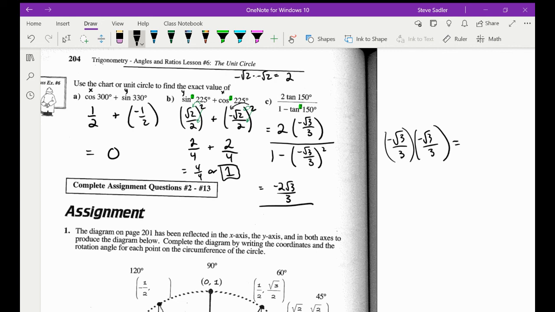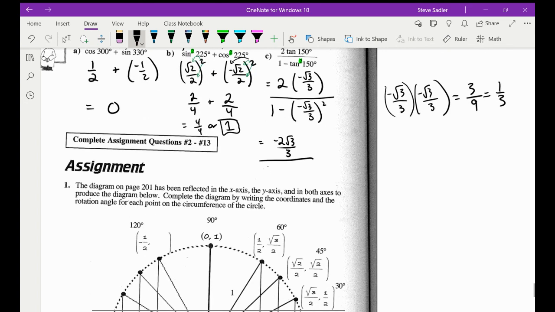Negative root 3 times negative root 3 is just positive 3, and 3 multiplied by 3 is 9, and that reduces to 1/3. So now we have 1 minus 1/3, and we know we can rewrite 1 as 3 over 3. So now we have negative 2 root 3 over 3 over 2/3.